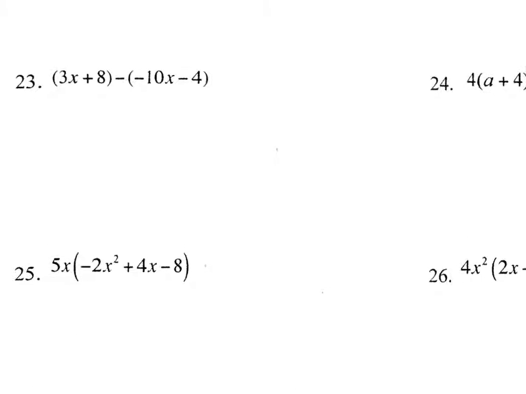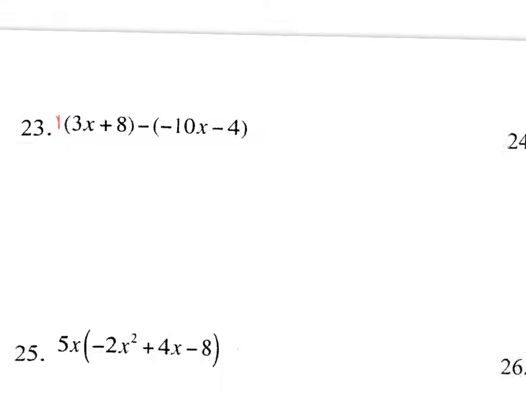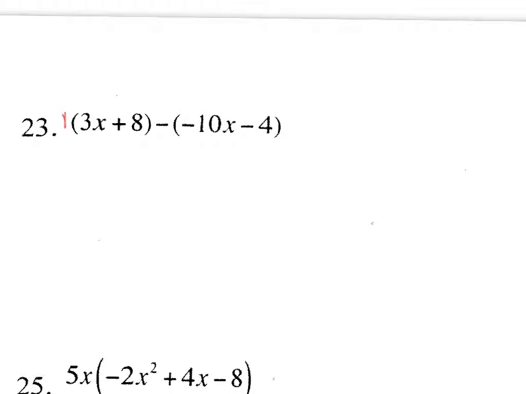Look at 23. Similar case where you might want to FOIL, but that ain't going to work because there's a minus sign in the middle. We're not multiplying. So what I want us to focus on is simplifying. And here I am going to use distributive property. Really, nothing happens on this parenthesis. It's just 3x plus 8.